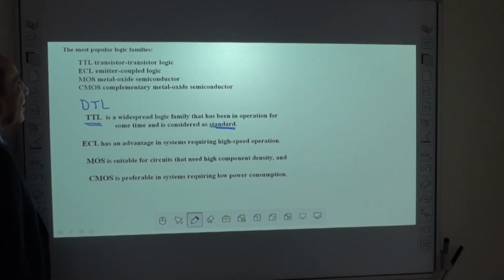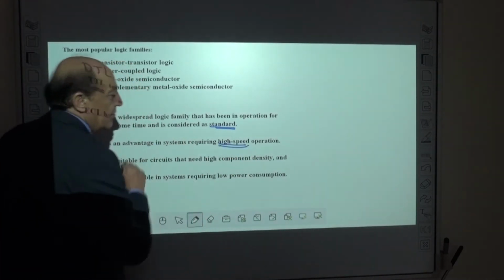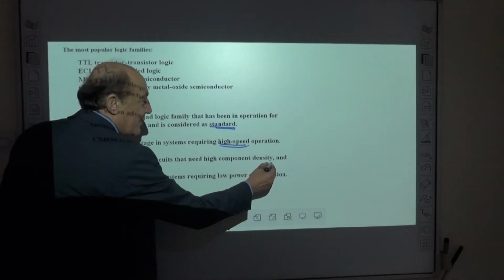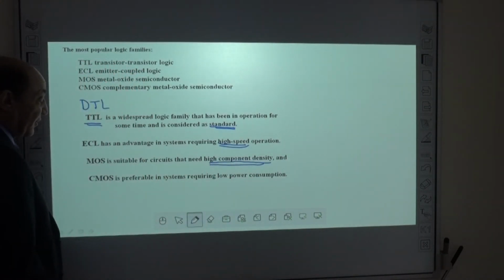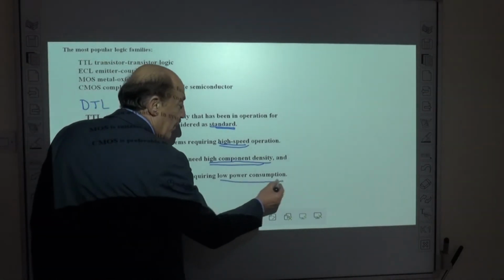ECL, emitter coupled logic, has an advantage in systems requiring high speed. MOS and CMOS are the most commonly used and most suitable for circuits that need high component density. And complementary MOS is preferable in systems requiring low power consumption.